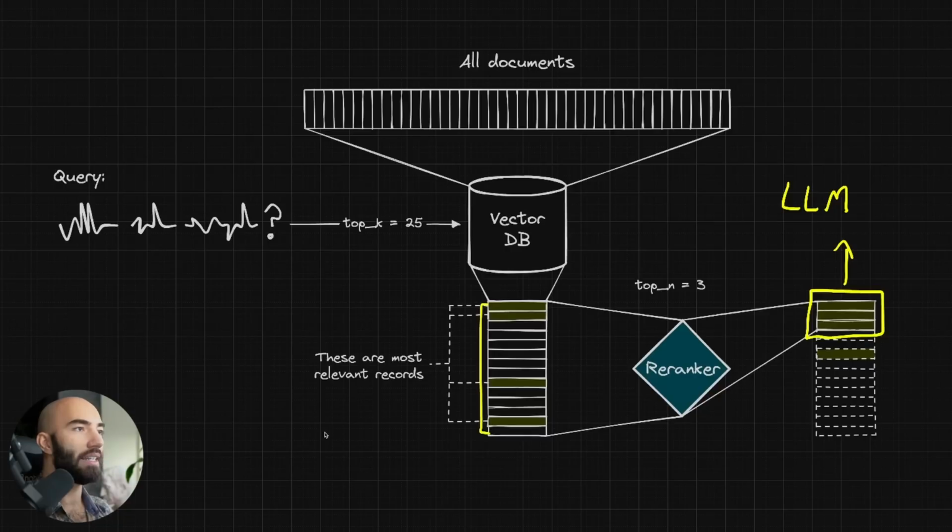So the idea with the re-ranking approach to retrieval is that we use our retrieval encoder step to filter down the total number of documents to just, in this example, let's say there's like 25 documents there. 25 documents is not too much. So feeding them into our re-ranker is actually going to be very fast.